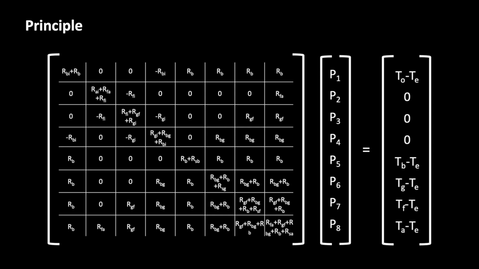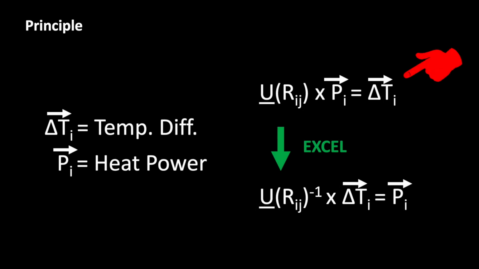All the math for our problem now looks like this. If we multiply the mesh impedance matrix by the vector containing all heating powers, then we get a vector containing the temperature differences. In simplified terms, we can represent this in a matrix and a vector notation.